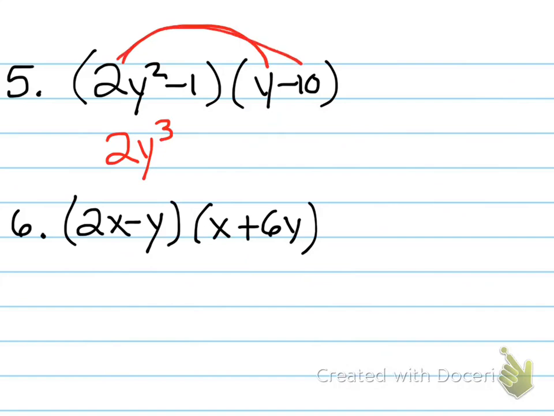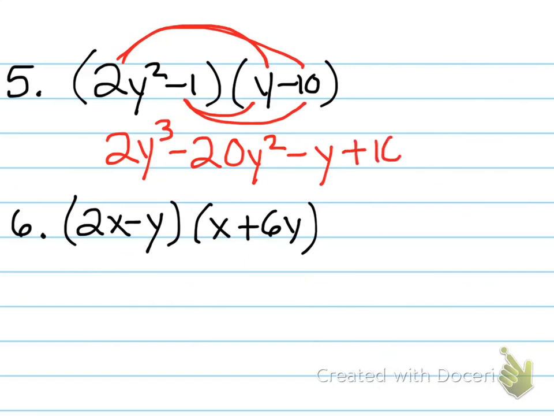Then you have 2y squared times minus 10, which is minus 20y squared. Negative 1 times y gives me minus y. And then you have negative 1 times negative 10, which is positive 10. Now, this is our final answer. There are no like terms. And if you name this one, it wouldn't be quadratic trinomial like we have been getting. This is a cubic polynomial.